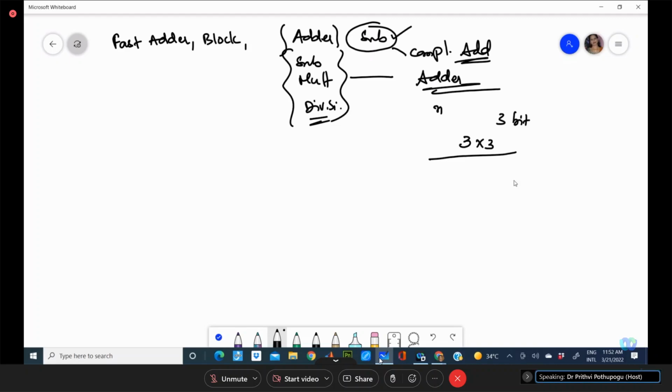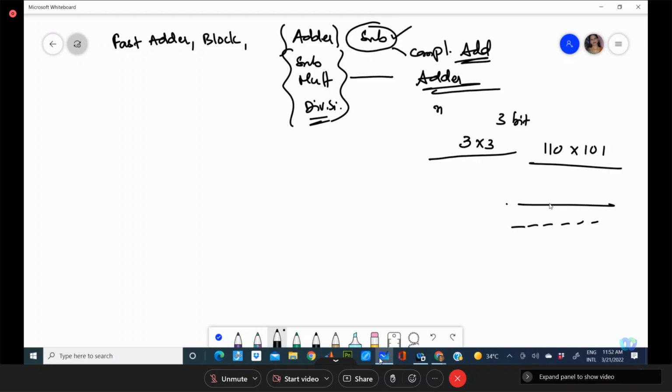Will it be 3 or more? 3-bit multiplied with 3-bit value, something like 110 multiplied by 101. What result are you expecting? Will 3 bits be enough for the result, or will it need more than 3 bits? More than 3. So you can expect that to be 6 bits, to the max.